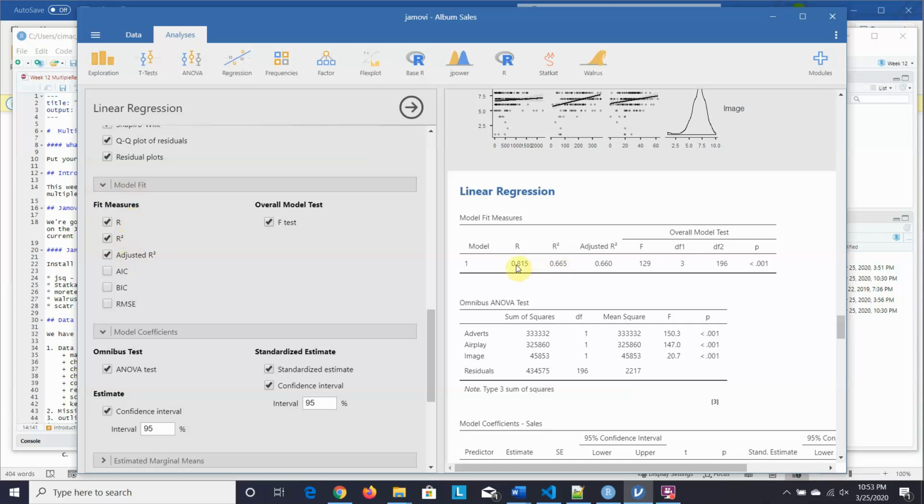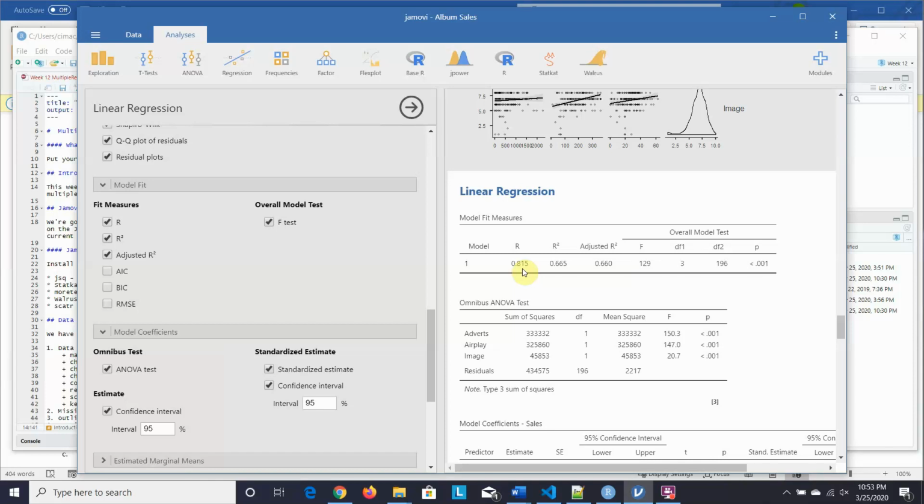And our Pearson correlation was our relationship between two variables, and that was our Pearson R, and it's lowercase r. Here in linear regression, we get this uppercase R, this big R, and it's very similar to a Pearson correlation, except this is the relationship between the predictor variables as a unit and the outcome variable.